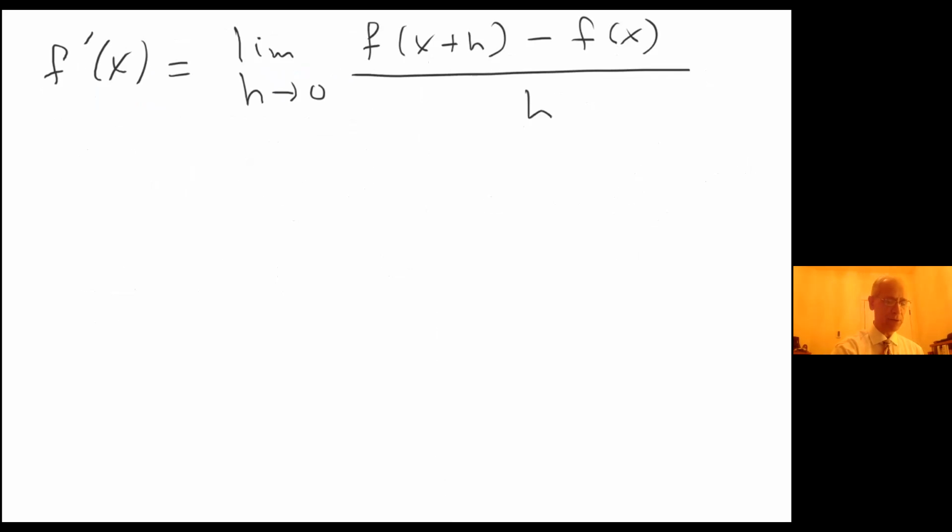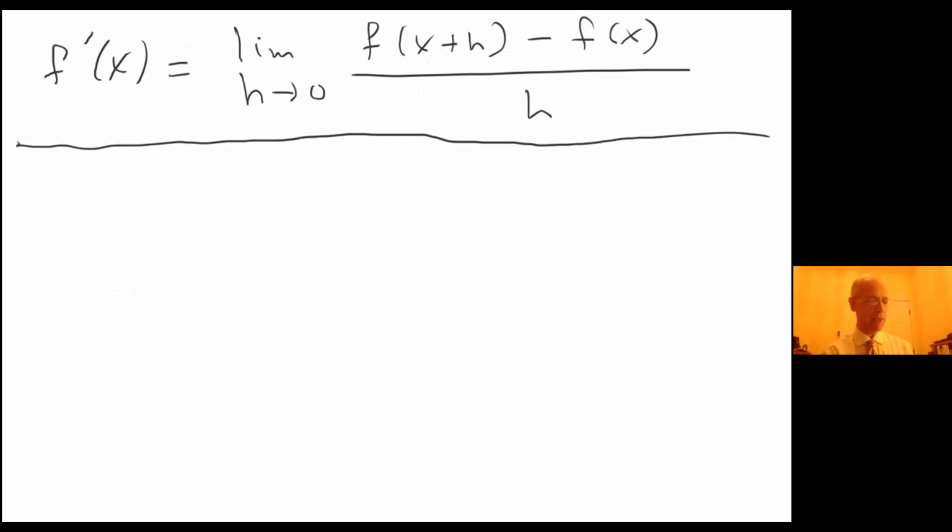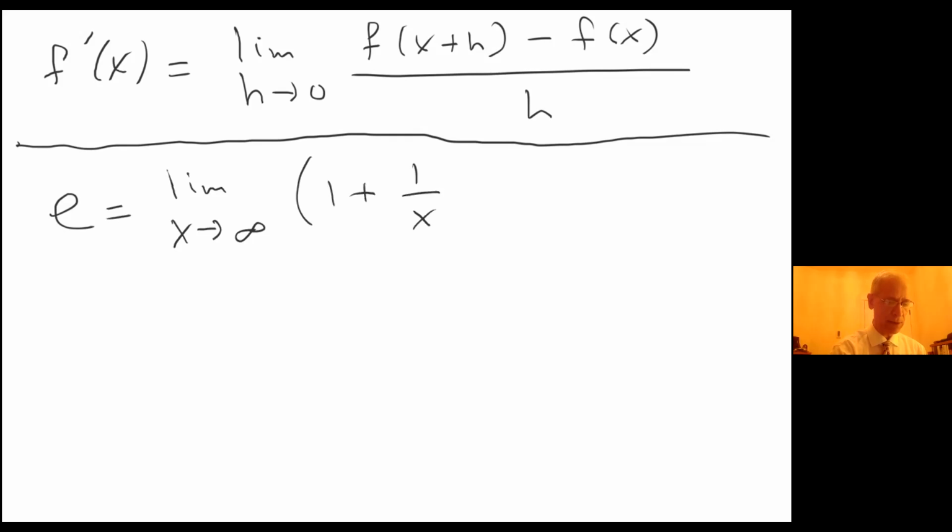So that's one thing I wanted to remind you. And the other thing is the definition of e. The number e, one definition is that the limit as x is approaching infinity of 1 plus 1 over x to the power of x is the definition of e.